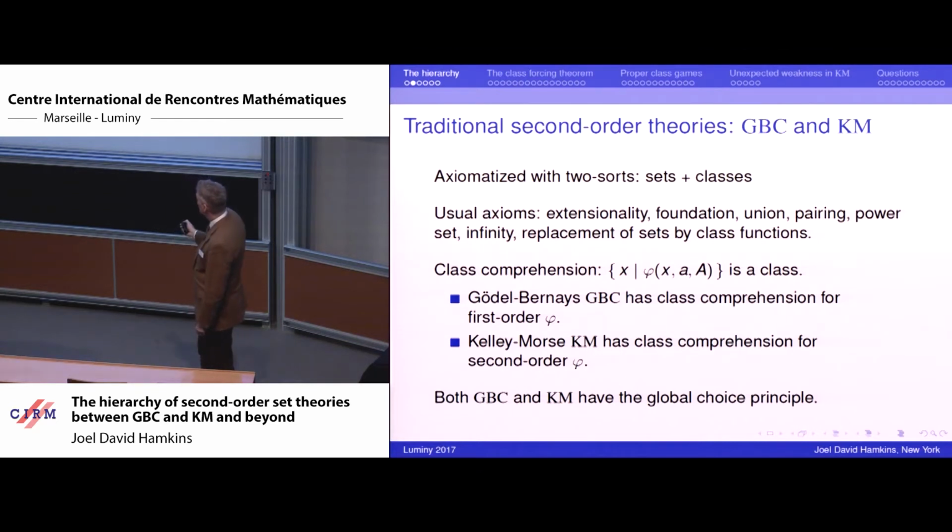We have all the usual axioms that you might expect, and the difference between GBC and KM is that Gödel-Bernays has the class comprehension axiom, the assertion that this is a class, only for first-order formulas phi with finitely many class parameters. So all the quantifiers are just first-order quantifiers in the GBC case, but Kelley-Morse allows this comprehension axiom for second-order formulas, so you can quantify over the family of classes in order to define new classes. So that's the main difference. Both of them have the global choice principle.